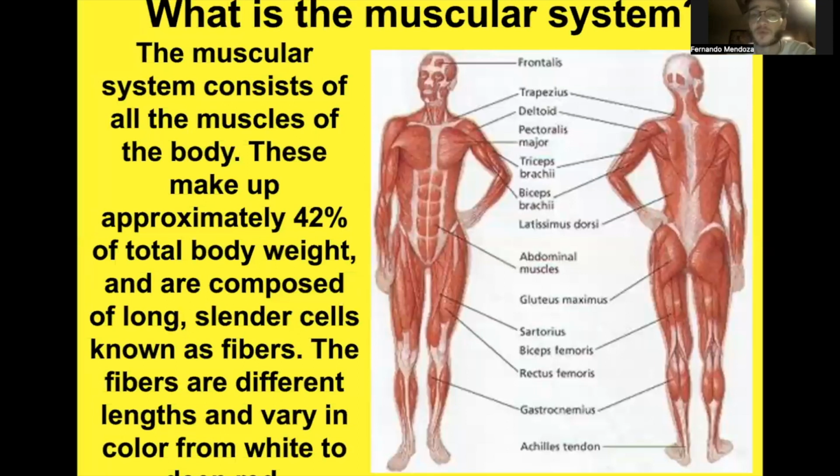Well, in the image, we can see the superficial muscles that are in the body. Why superficial? Well, actually, we have more muscles behind these superficial muscles.